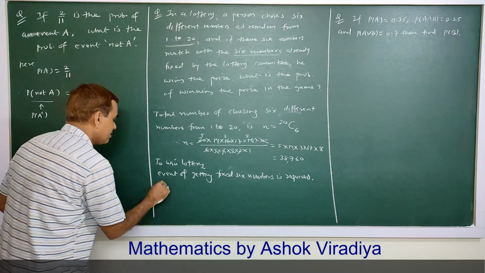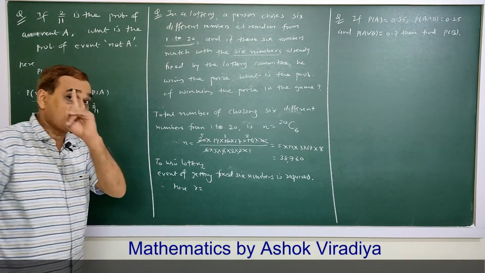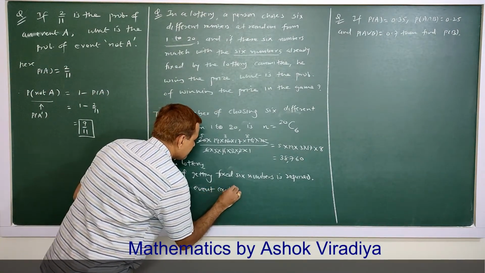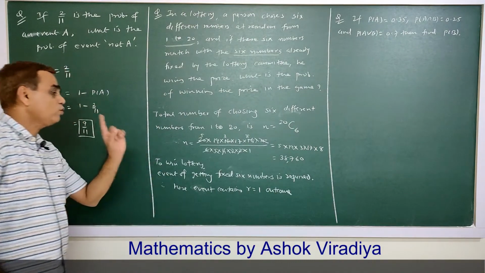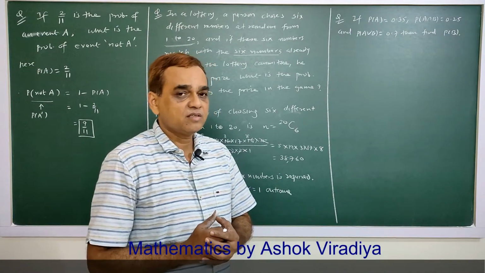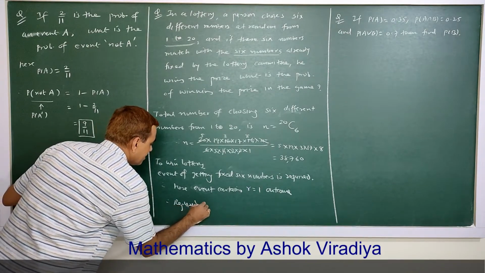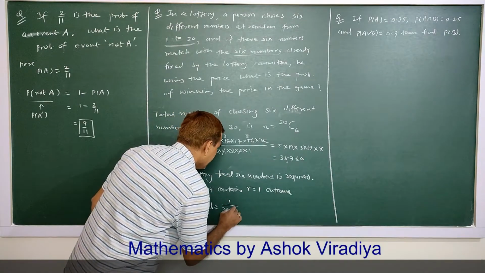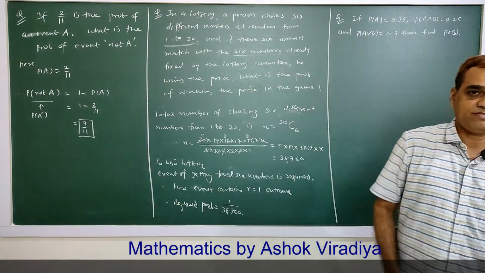So here R is equal to 1, this event contains only one outcome. There is only one such group of 6 numbers. So the required probability is R upon n, so 1 upon 38,760.